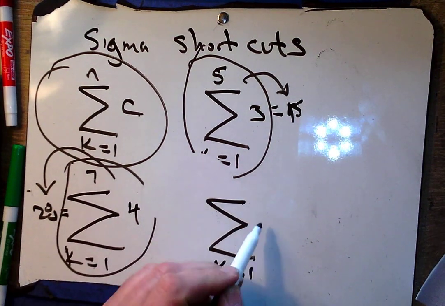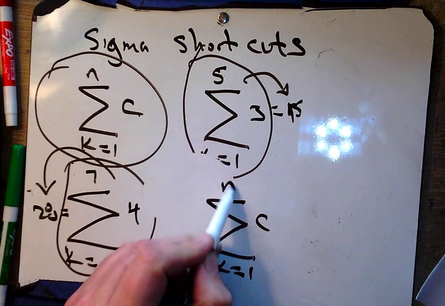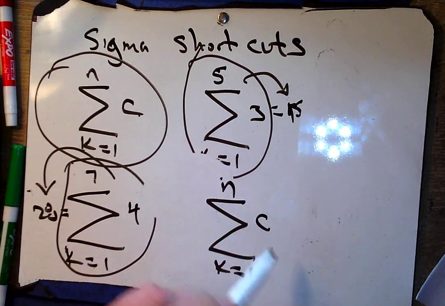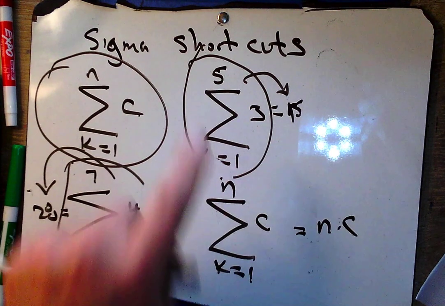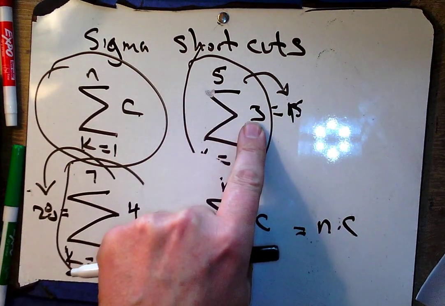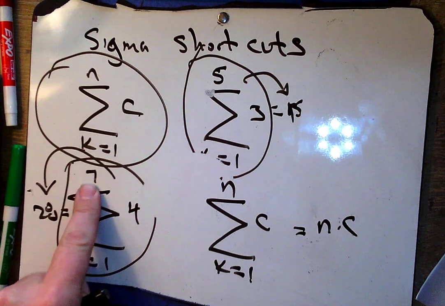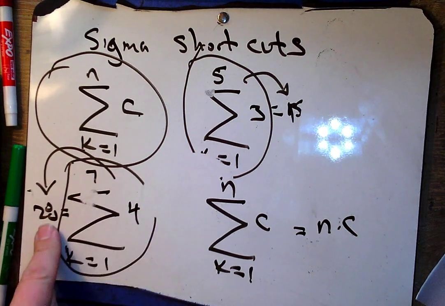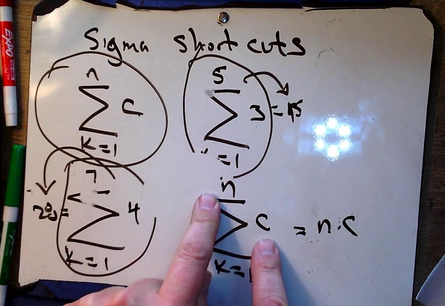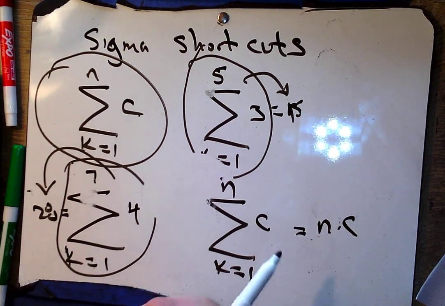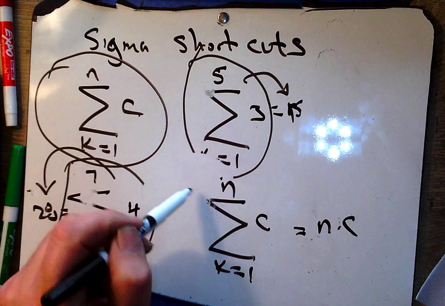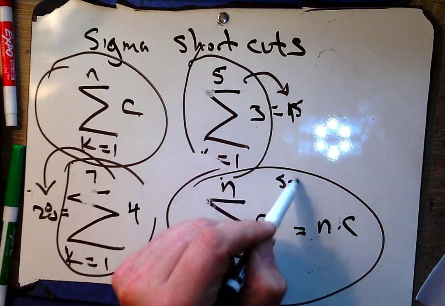The sum from k equals 1 to n of c is going to be n times c. If I multiply that times that, I get that. All I have to do is multiply these together. There's my first sigma shortcut, the sum of a constant.